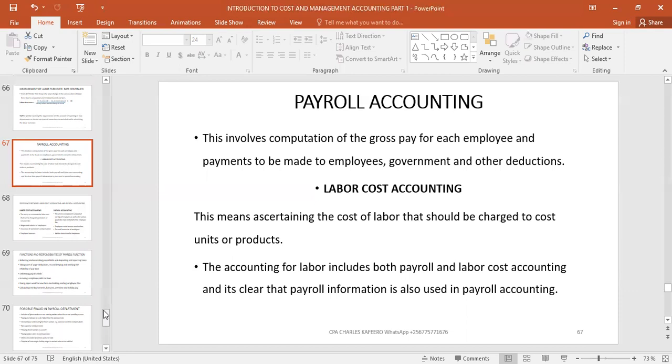That money is deducted in the same way they deduct the pay as you earn and the NSSF. And the last non-statutory deduction we can talk about is, let's say, lunch.